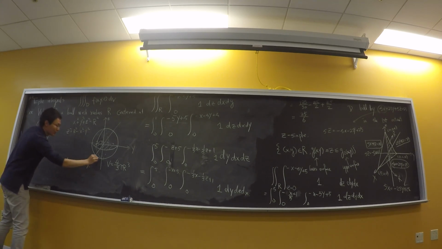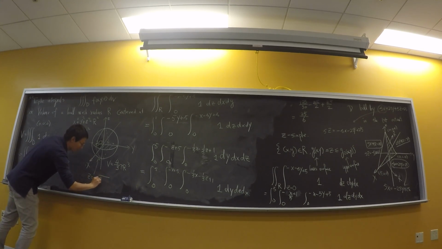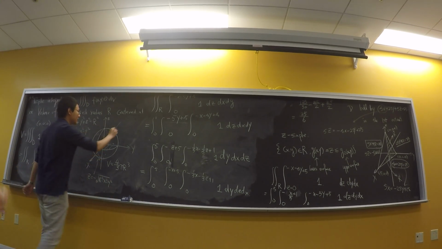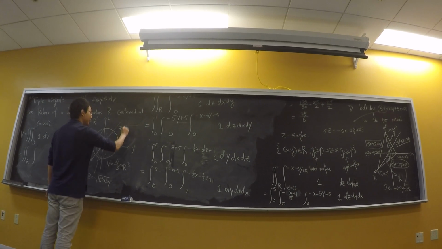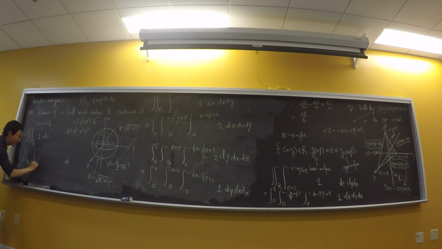All right? So this lower half sphere has the equation z is equal to minus square root of r squared minus x squared minus y squared. All right? The upper sphere is going to be z is equal to plus square root of r squared minus x squared minus y squared. So I have minus square root of r squared minus x squared minus y squared as lower, and upper is the square root of r squared minus x squared minus y squared.